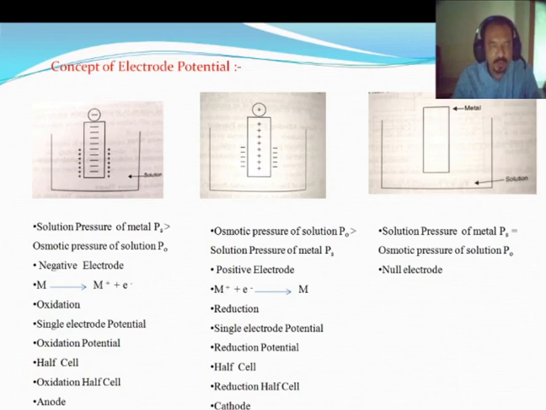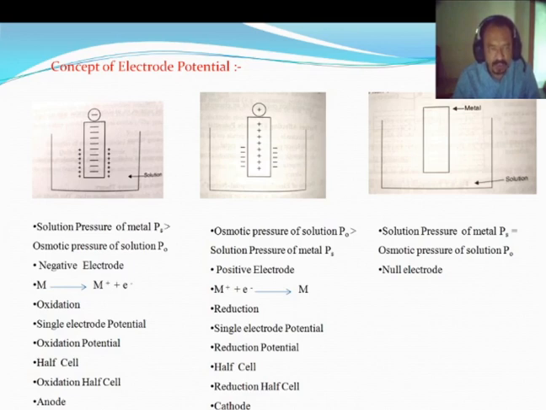Now this is a process in which the neutral metal atom gets converted into the metal ion, leaving electrons, which is a process of oxidation. Now due to this oxidation, there is a formation of an electrical double layer at the junction of metal and the solution.